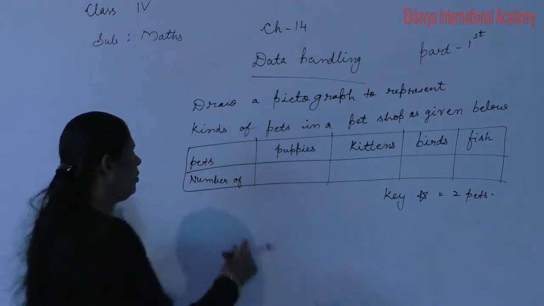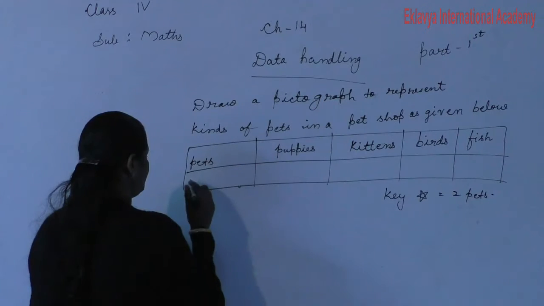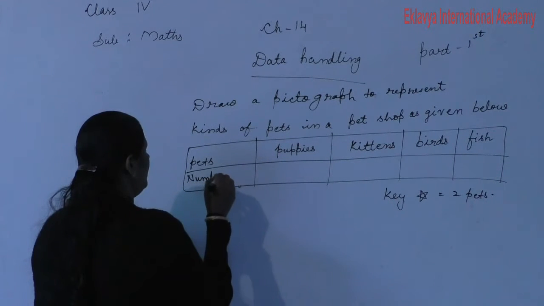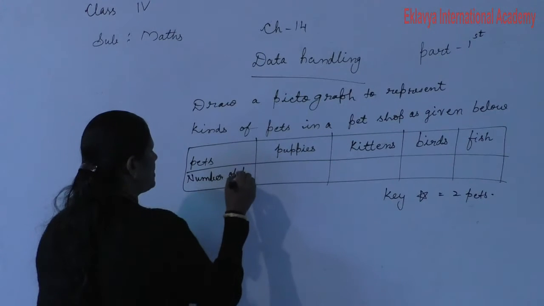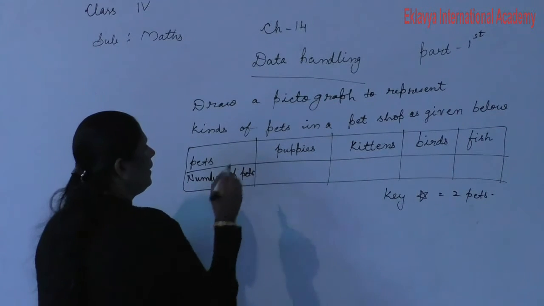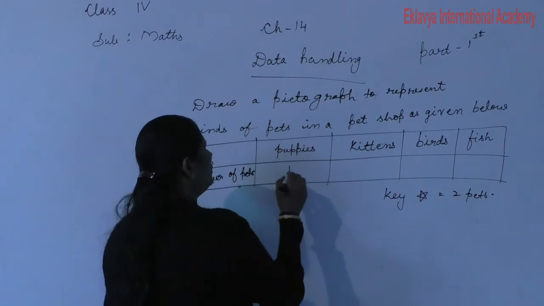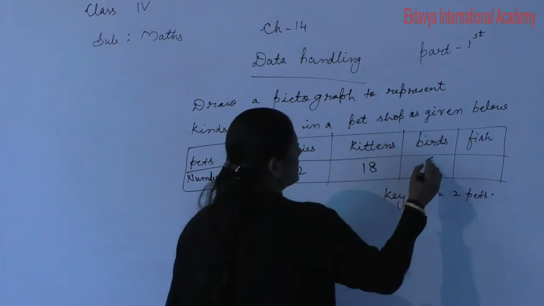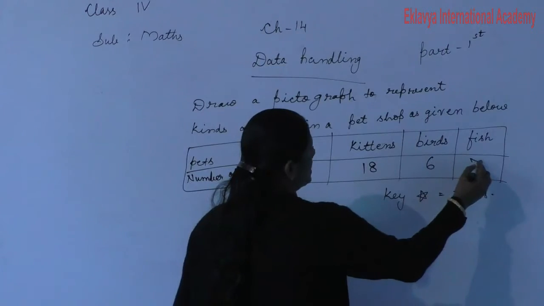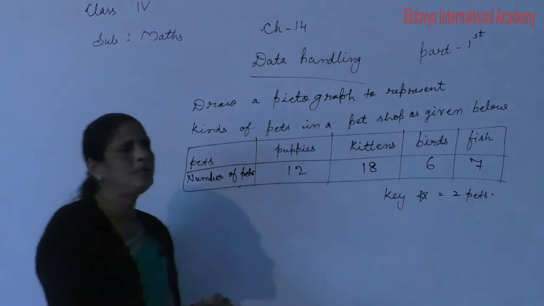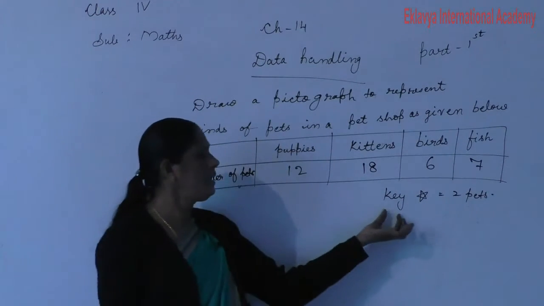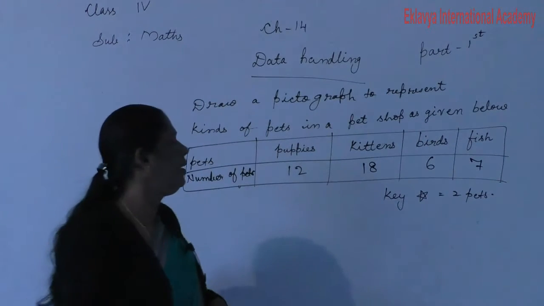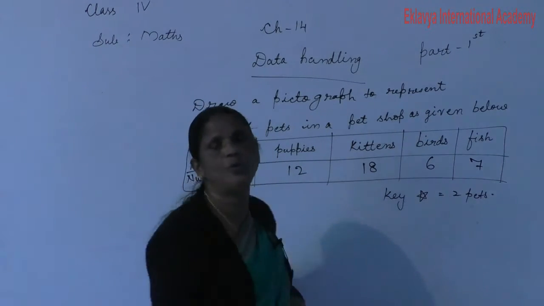Number of pets: 12, 18, 6, 7. Listen, the key is one picture, one symbol, is equal to two pets.